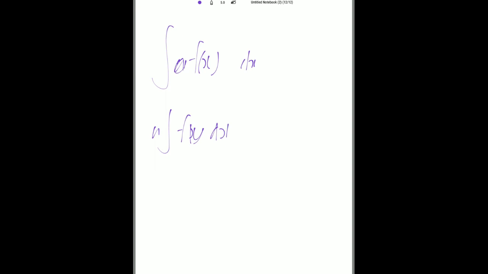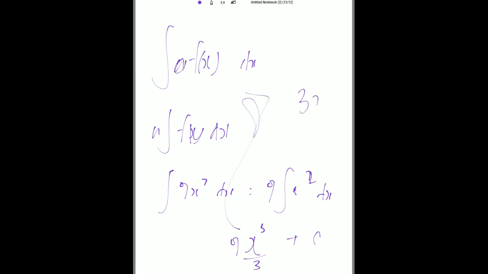So if we're integrating 9x squared, for example, with respect to x, all we would need to do is to say 9 times the integral of x squared with respect to x. And we know that the integral of x squared is x cubed over 3. So all we do is multiply that by 9, and we add our constant of integration. So this would leave us with 3x cubed plus c.